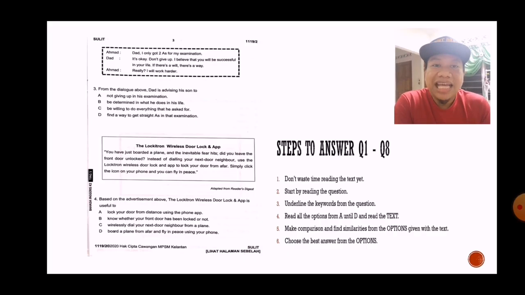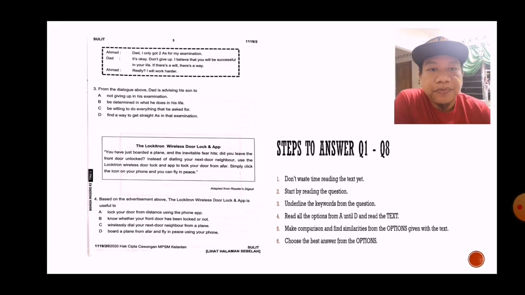Simply click the icon on your phone and you can fly in peace. Right? So that is what the text mentioned, adapted from Reader's Digest. So this text is taken from Reader's Digest, one of my favorite reading material before this.